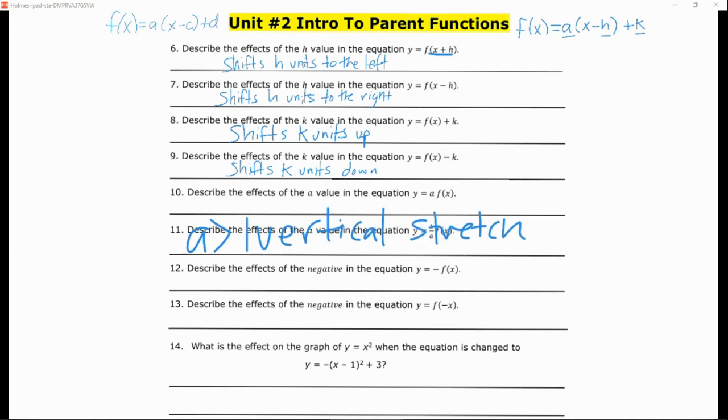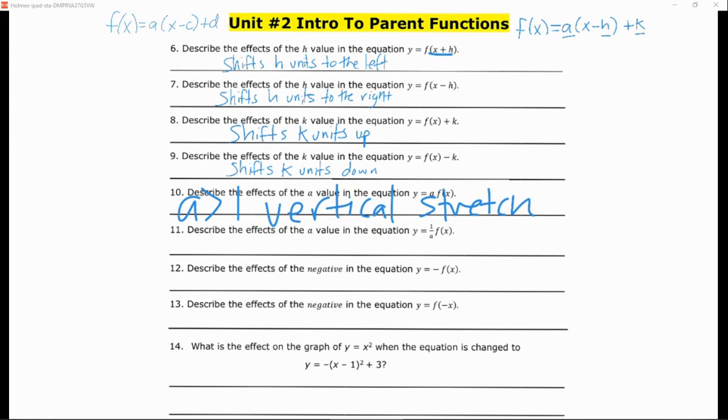It's going to come together. When A is bigger than 1, we have ourselves a vertical stretch. Okay, it's usually going to get a lot narrower to each other.